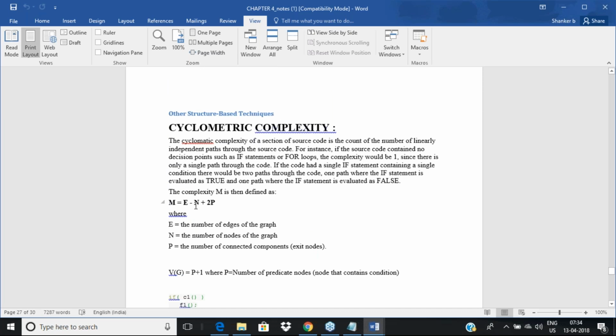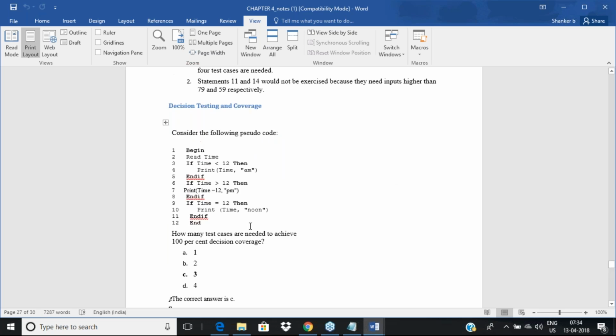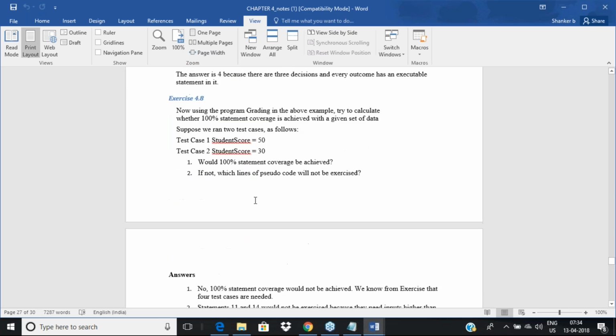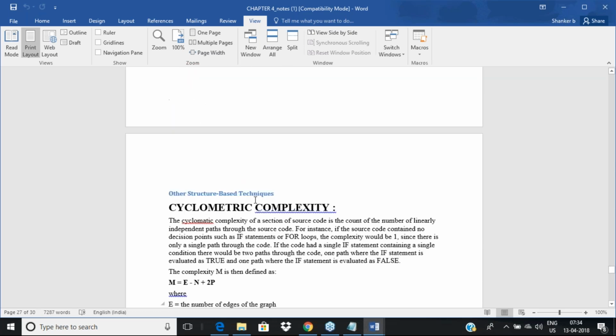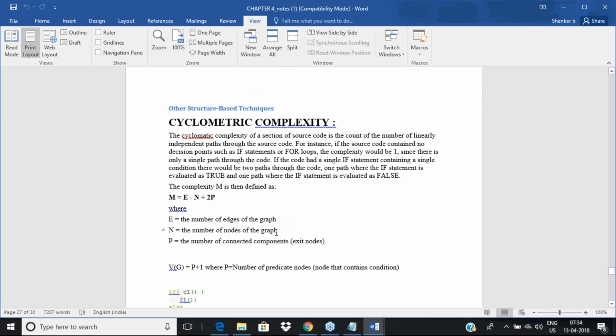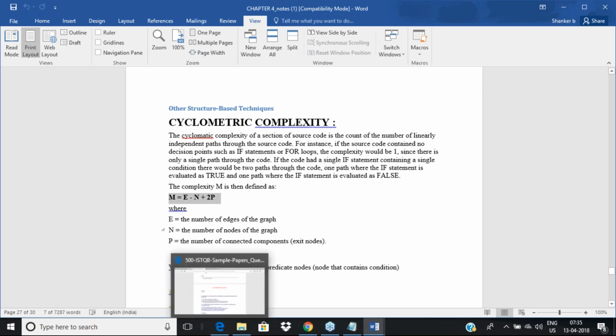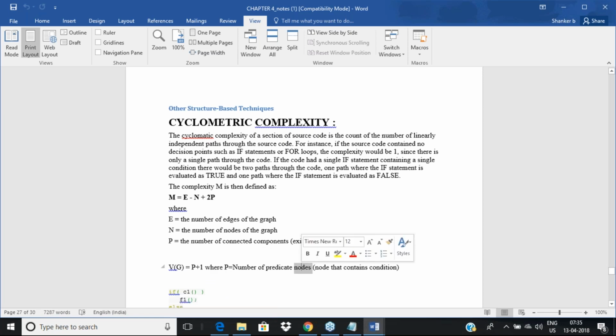The other formula to remember is E minus N plus 2P. You come up with a graph and identify how many edges there are, how many nodes there are, and how many connected components there are in the graph. I generally don't go with this formula, but the simple one to remember is P plus 1, where P is the number of predicate conditions, and then plus 1. This is the simplest way to calculate.